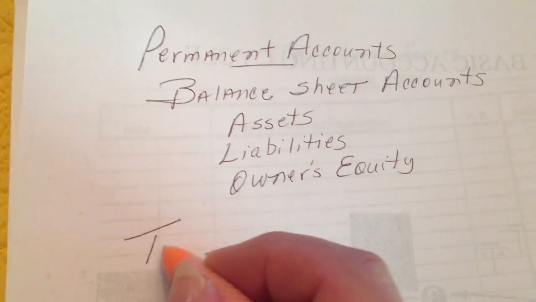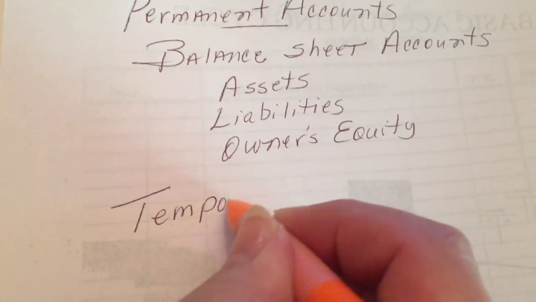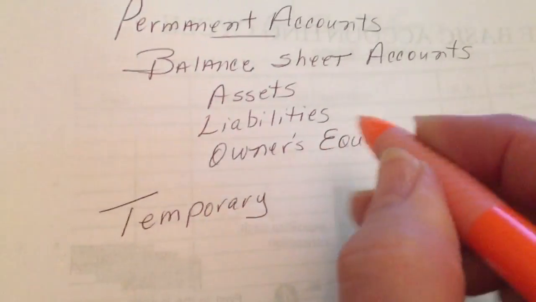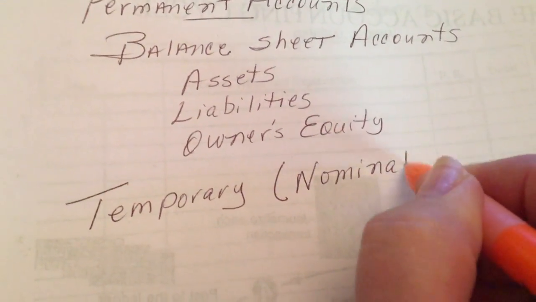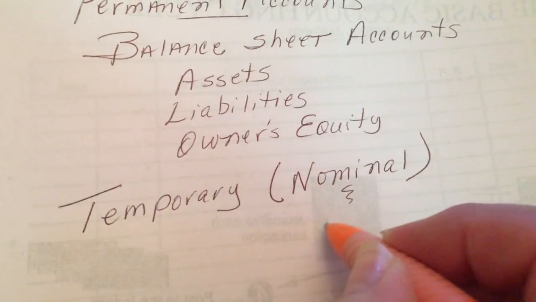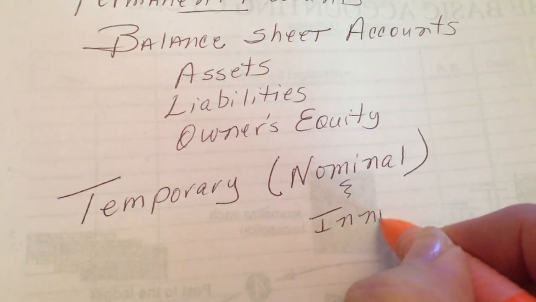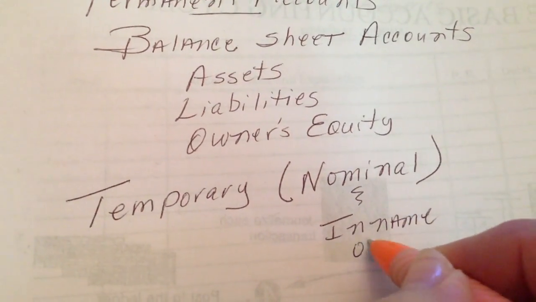The other category of accounts are called temporary. They're also referred to as nominal accounts. The word nominal means in name only.